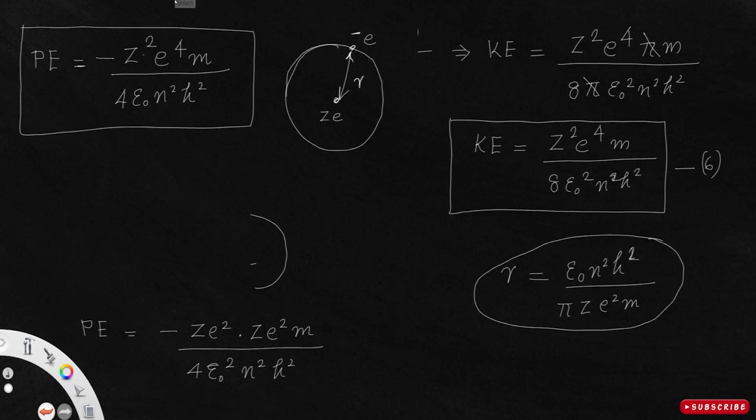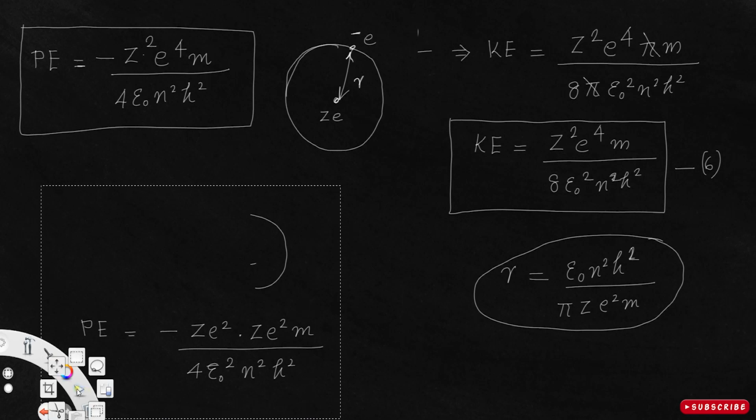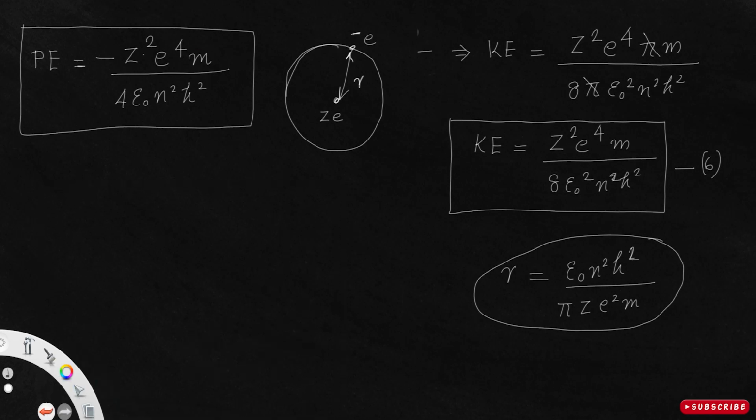Now we have the total energy. Total energy is always the sum of the potential and kinetic energies. So the total energy, usually considered as energy in the nth orbit, is the sum of kinetic energy and potential energy.